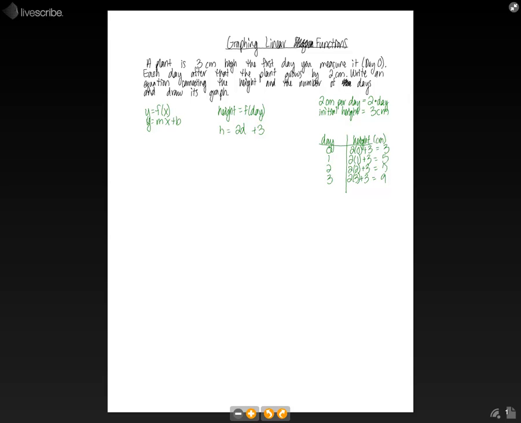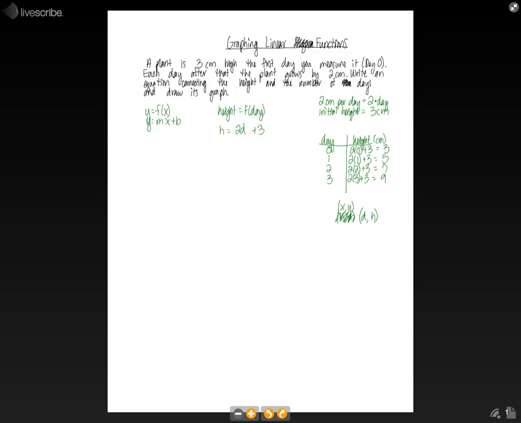So if we look at this pattern, each day we are increasing by 2 centimeters, which is what our word problem said, so we know that our function is correct. So if we're going to plot these points, normally our ordered pairs are x, y, but since we use different variables for this, it'll be the day and then the height.